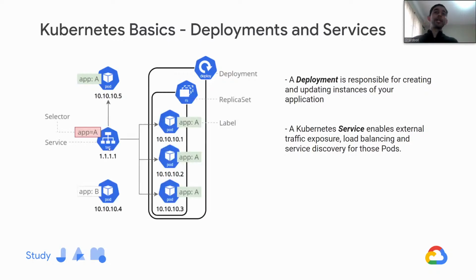So let's look at how we can actually deploy this to Kubernetes and create web services using deployments and services. The basic way of creating applications that run on your cluster is called a deployment, and it's responsible for managing, creating, and updating instances of your application.